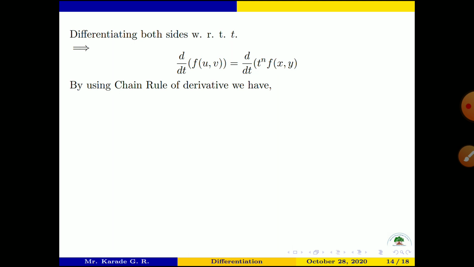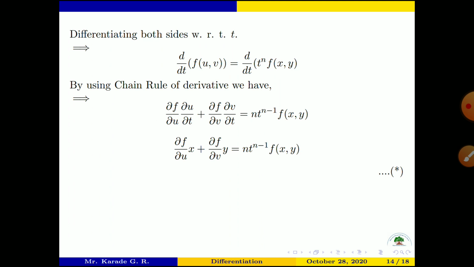Then by the chain rule, the left hand side will become ∂f/∂u ∂u/∂t + ∂f/∂v ∂v/∂t, is equal to, on the right hand side, the derivative of t^n as n t^(n-1) and the function f(x, y) as it is, because f(x, y) is a constant with respect to the variable t.